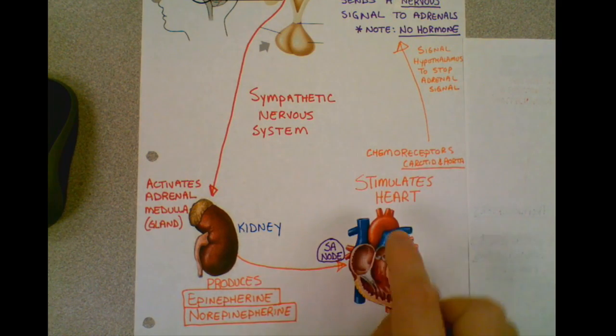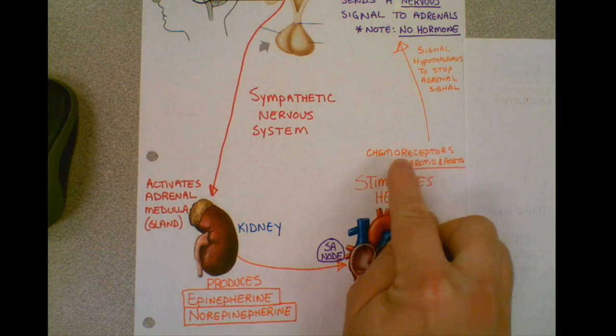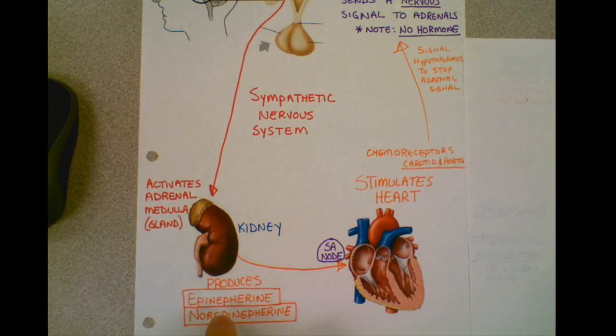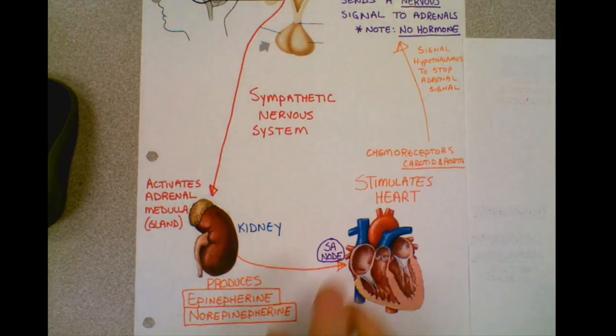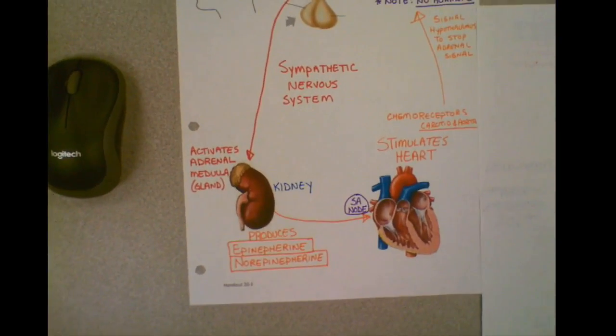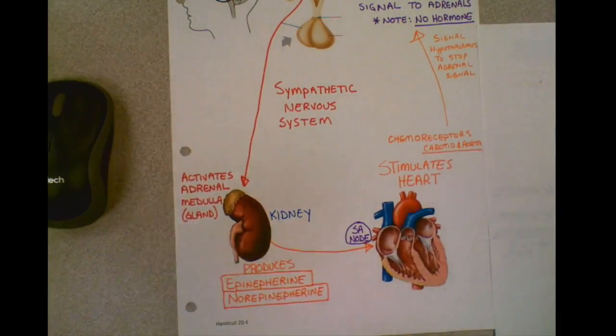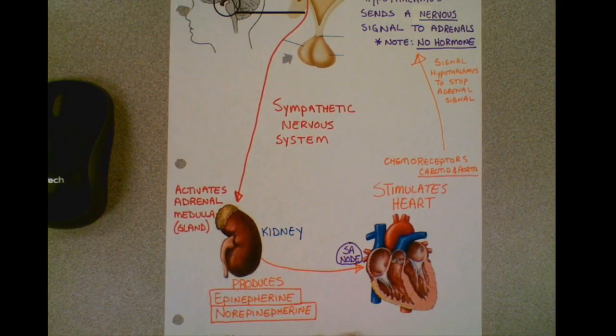Now, the carotid arteries and the aorta have chemoreceptors, chemical receptors, that pick up the amounts of epinephrine and norepinephrine. So when we don't need our heart sped up anymore, the carotid artery sends a nerve signal back up to shut this all down.